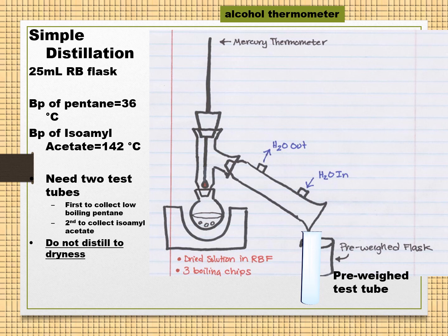A good tip here is, when you distill, try not to distill to dryness, otherwise the ester and the alcohol, both of which are highly volatile, may be lost in the process.